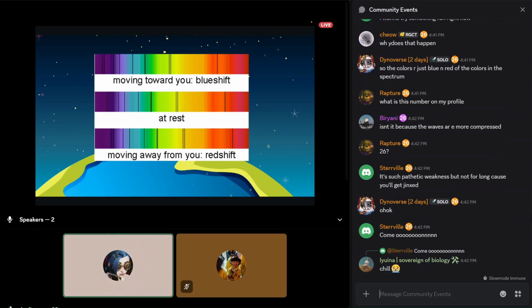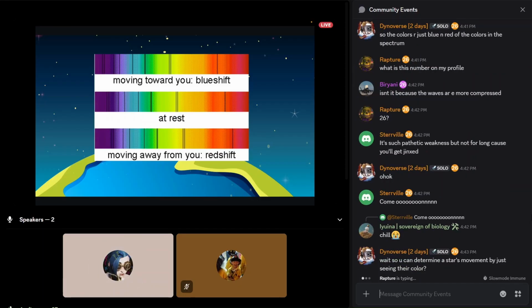Actually, in the exam, they might trick you by flipping the direction, so the red is on the left and blue is on the right. But just note that if it's moving towards you, it's blue shifted, so it moves to the blue. And if it's further away from you, it's redshifted. Yes, you can determine the star's movement by seeing the absorption or emission spectrum. It's quite interesting. You can tell whether it's rotating or not.